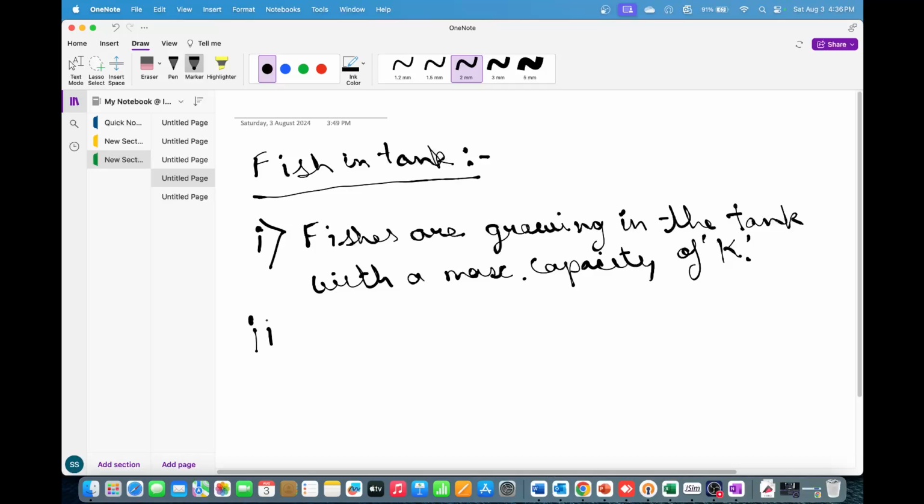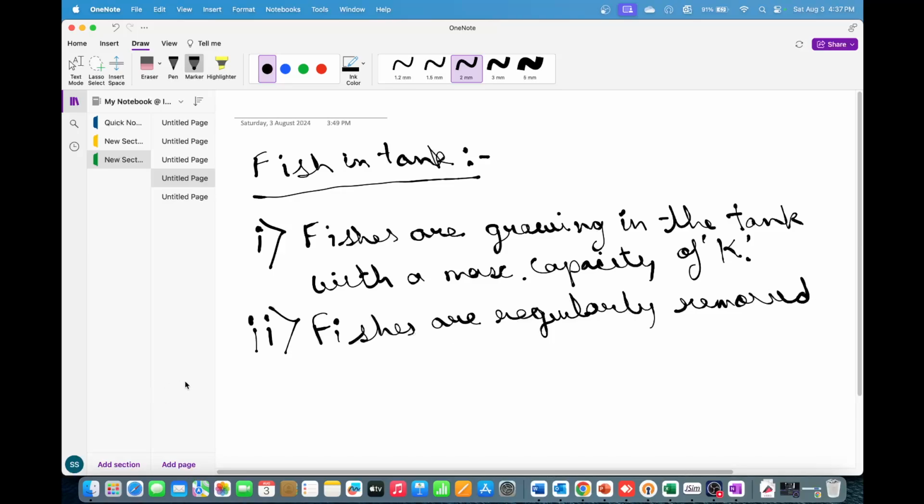Second assumption is, as I said, fishes are regularly removed from the tank.